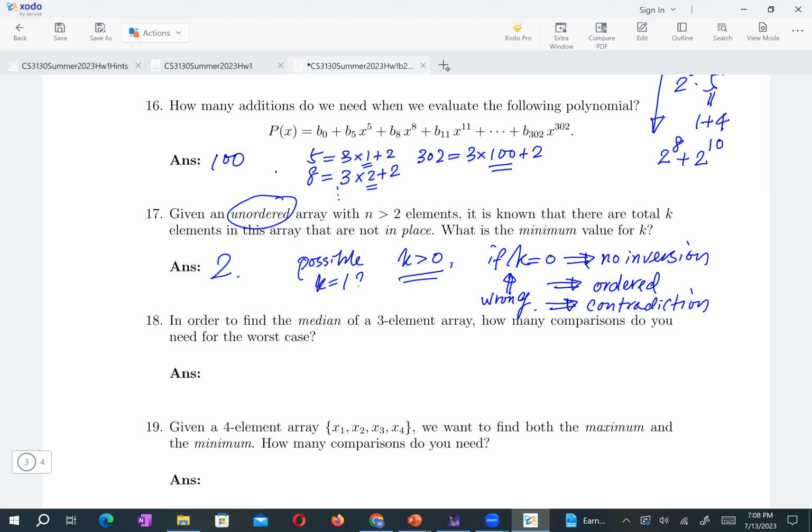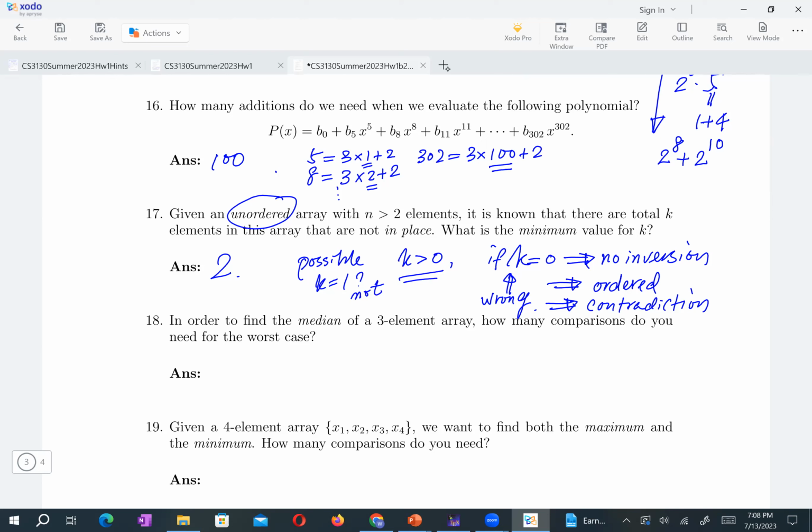That's impossible. If the remaining n-1 are all in place, the last one must be in place. Only one position left, and that position must be the correct one. So 1 is not possible.